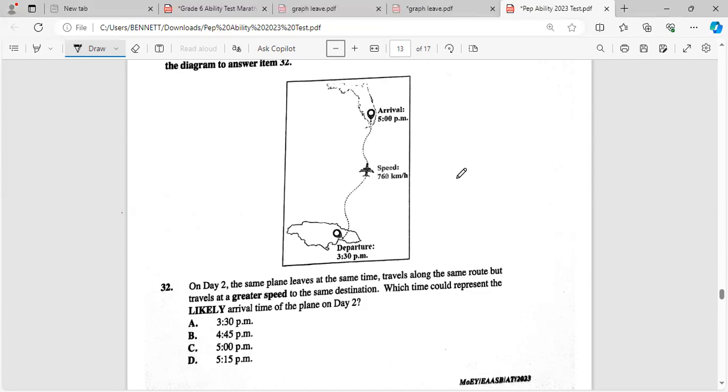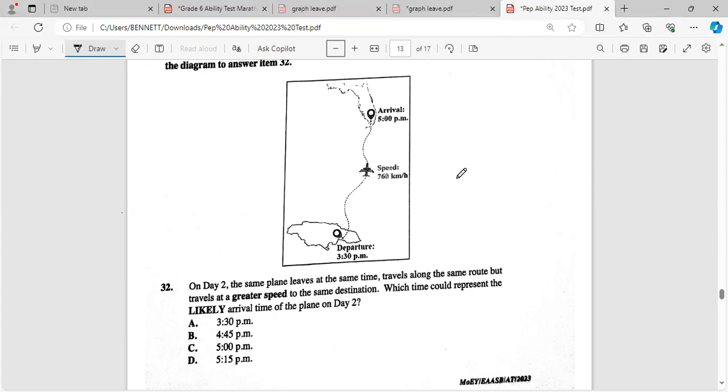Okay, so it says it travels at a greater speed, but to the same destination. Which time is it likely to arrive on day 2? So I'll say 4:45, because look, it departed at 3:30. And they're saying the speed is going to be greater.